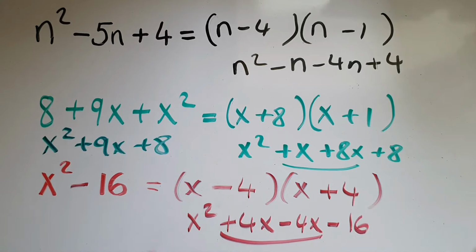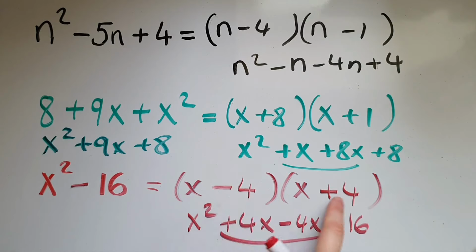What we call this special case is the difference of squares. It only works with the square numbers, as you can see, because we've got to import here the same number, one negative and the other positive, to cancel each other out.